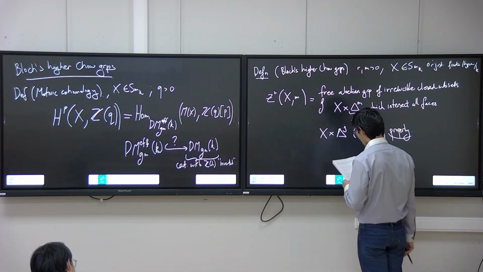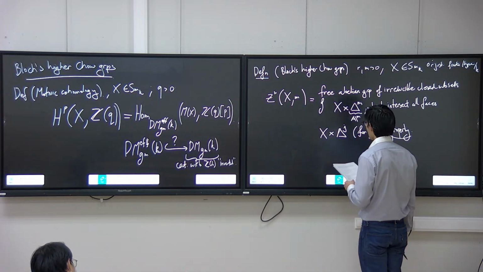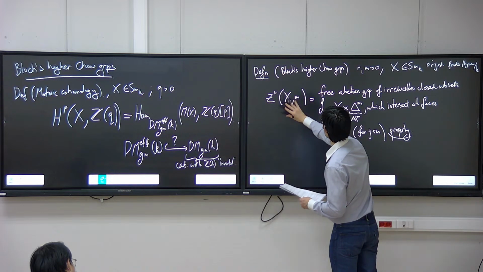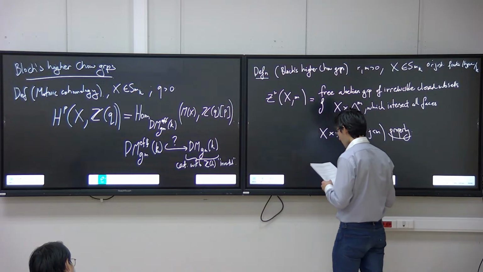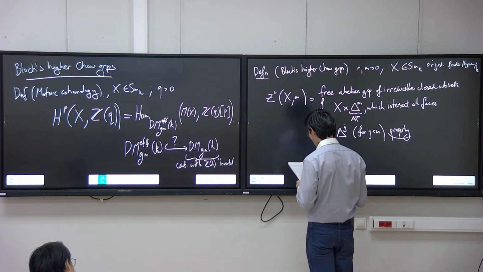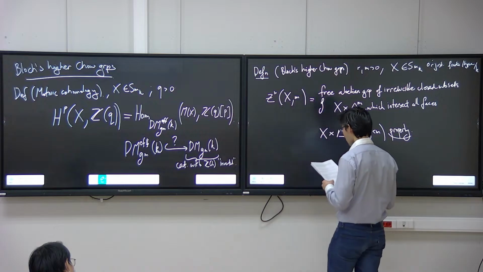So these are the Z^r(X, m), and we now get a cochain complex similar to the Suslin complex.